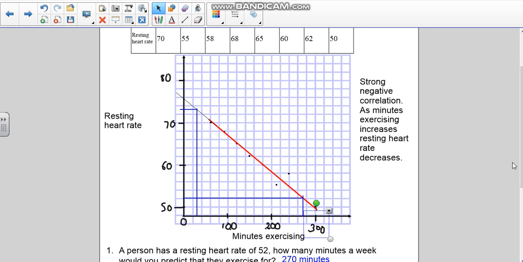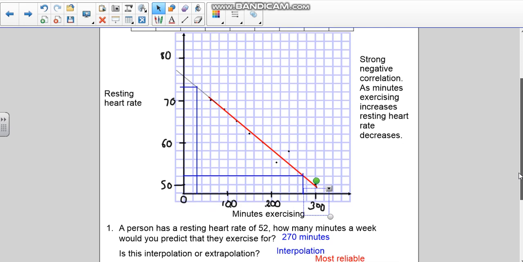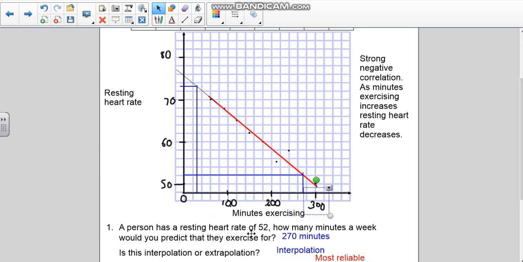If a person has a resting heart rate of 52, how many minutes exercising would you predict they exercise for? So here's 50, 52, read across and down. We've got 220, 240, 260. It's going to be about 270 minutes.